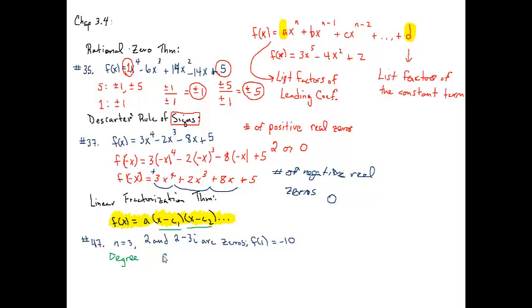So I'm going to have f of x equals, well, a, some constant. Now it's going to be x minus something times x minus something times x minus something else, right? These somethings are my zeros. So they tell me 2 is a 0.